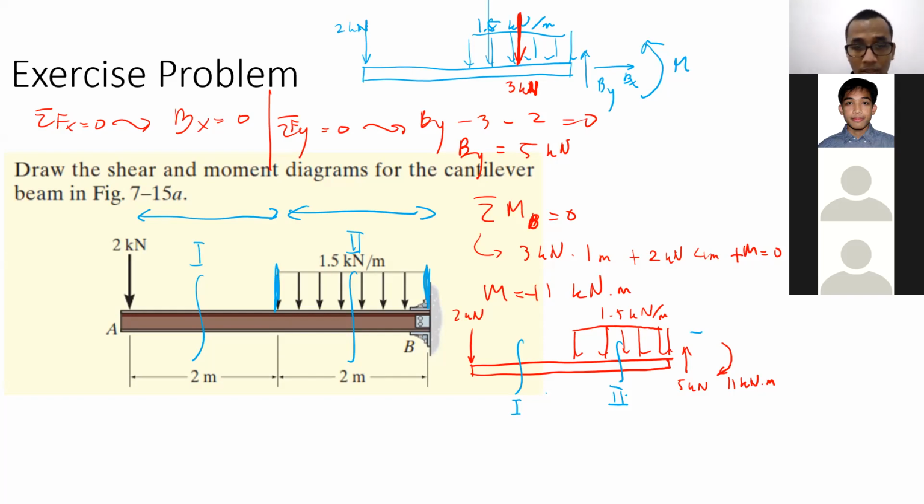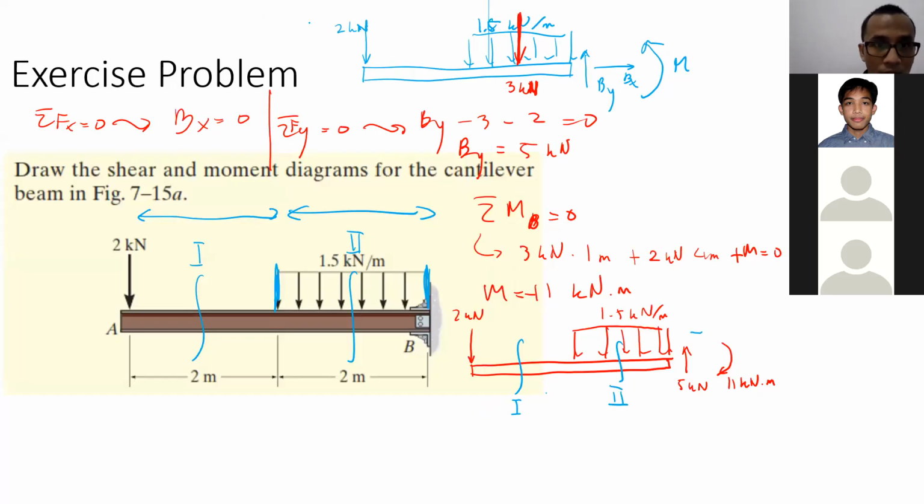Let's finish the first section. For the first section, the x is supposed to be between 0 to 2 meters, right, Safran? Yes.